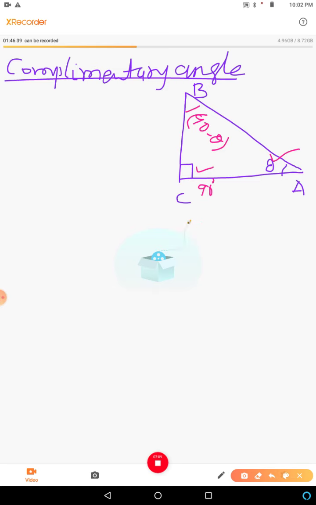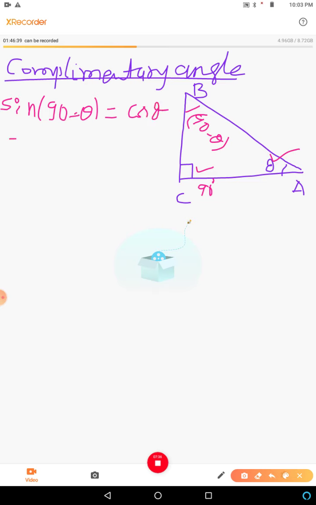So I will write some formulas. Sin of 90 minus theta, try to remember this. Whether it is sin, cos or tan, sin becomes cos and cos becomes sin. So sin of 90 minus theta will be cos theta.